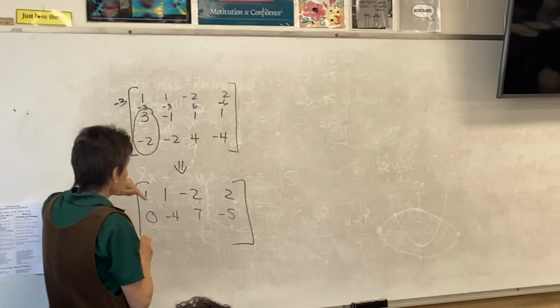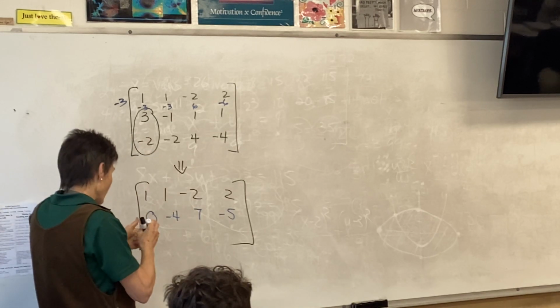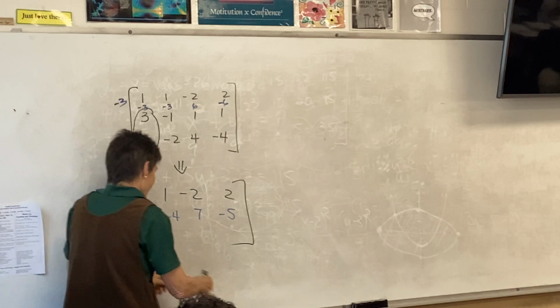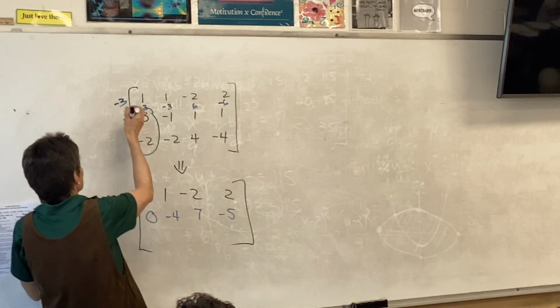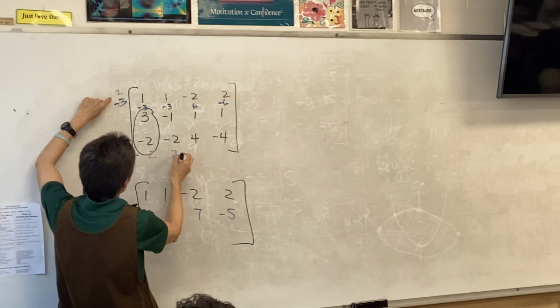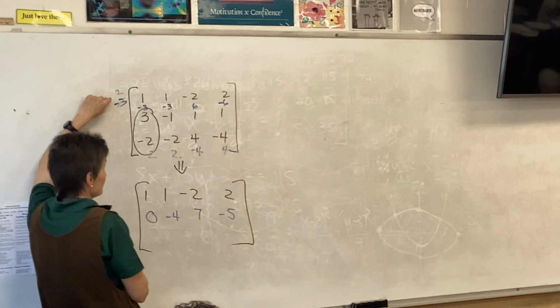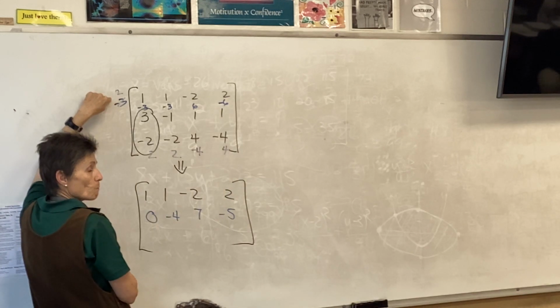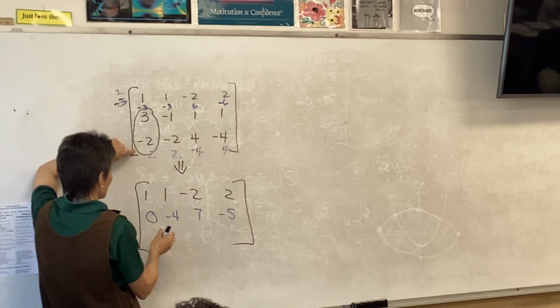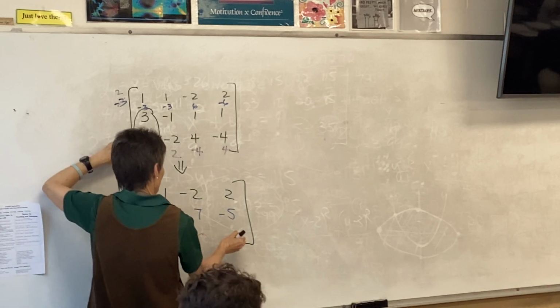Now I got to repeat the process, but I need that to be a 0. So this time I'll multiply the top row by 2. So that gives me 2, 2, negative 4, and 4. Uh-oh. What's that bottom row going to be? 0, 0, 0, 0.